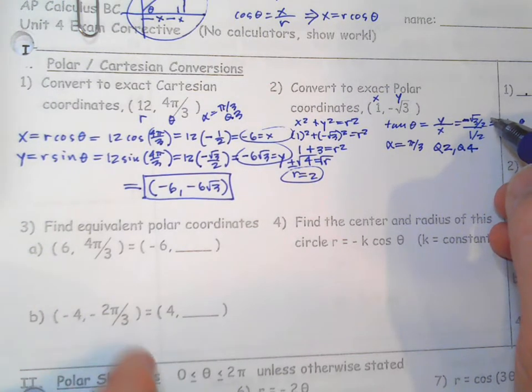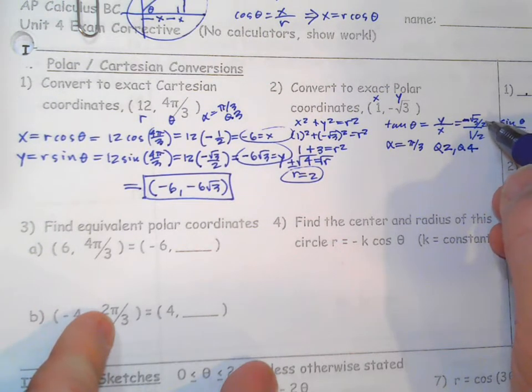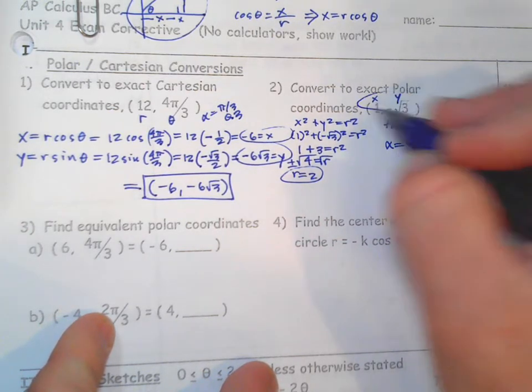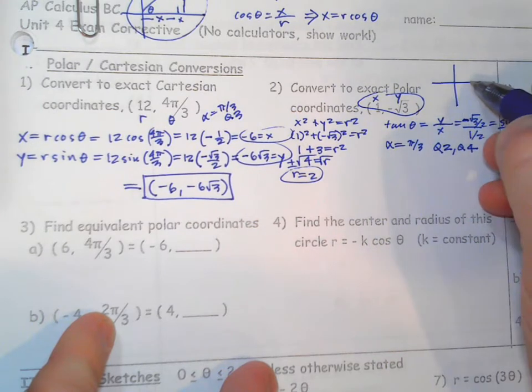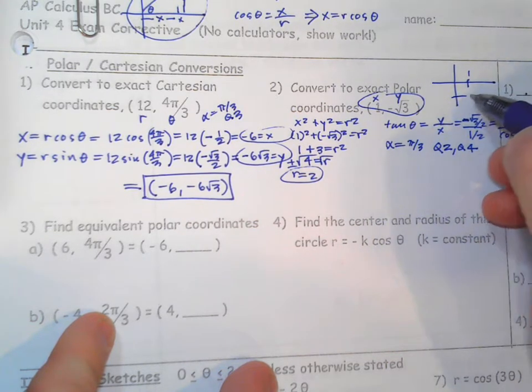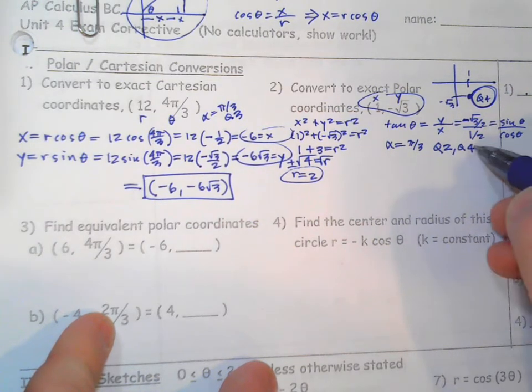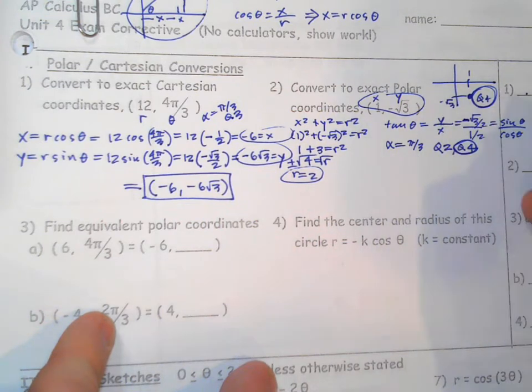Now you've got to decide which one it is. Based off this, what quadrant are you in? If you're to the right one, down root 3, it's got to be quadrant 4, right? So, sure, there's infinite answers here, but we're going with quadrant 4 based off what the Cartesian coordinates are.